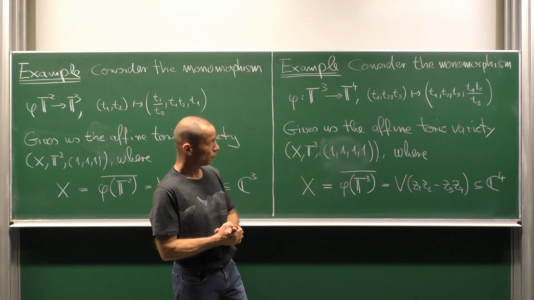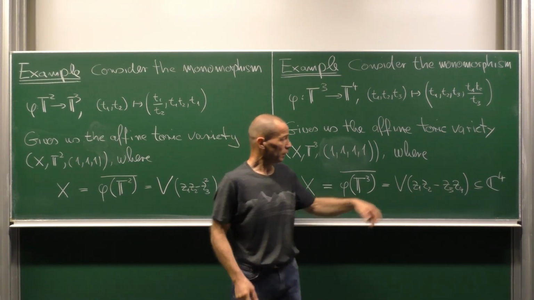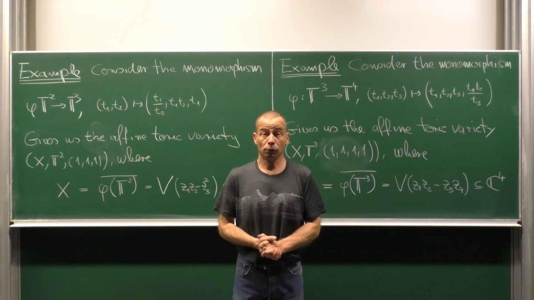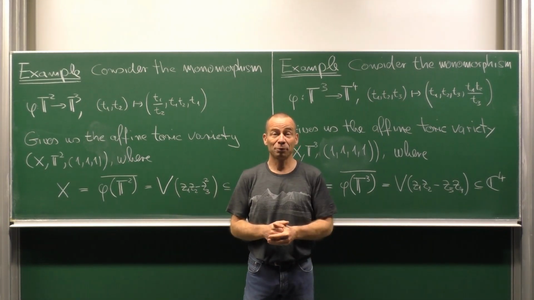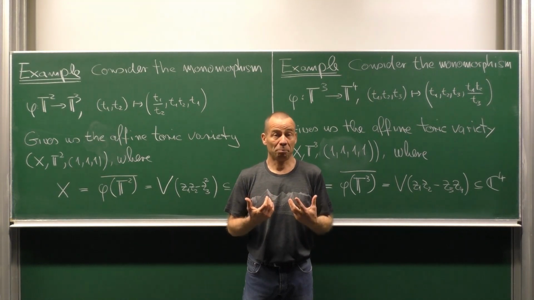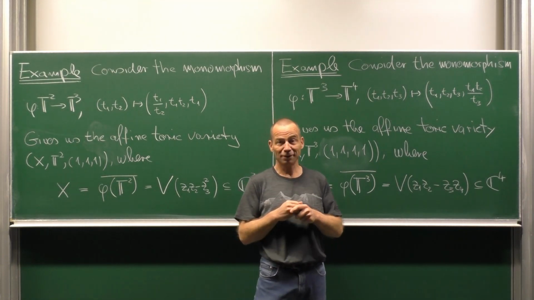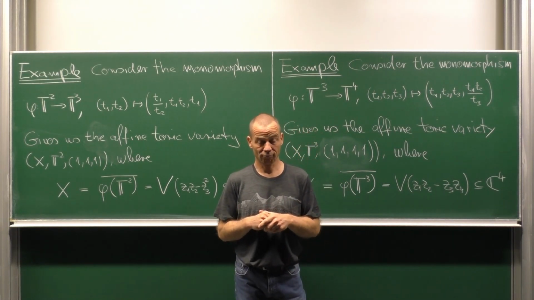It lives in C4, and it turns out that we have a describing equation Z1 Z2 minus Z3 Z4. So in both cases, we obtained a binomial describing equation. This is not a coincidence. This is a typical feature of affine toric varieties.